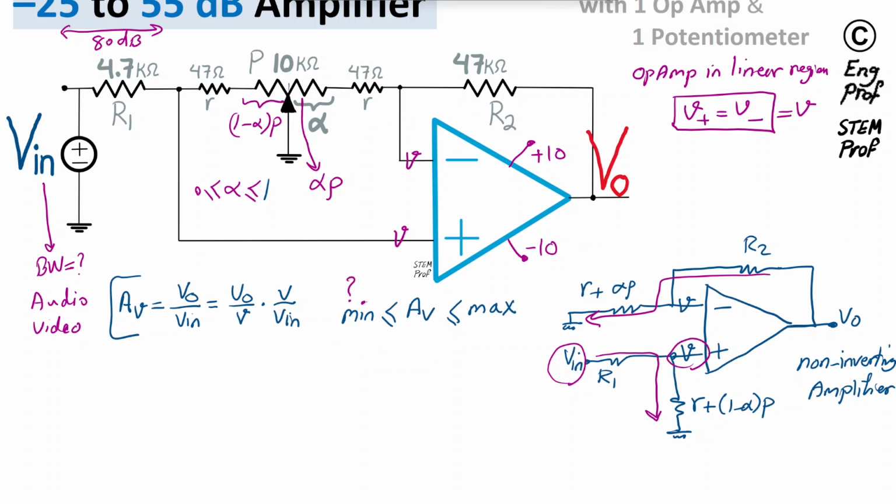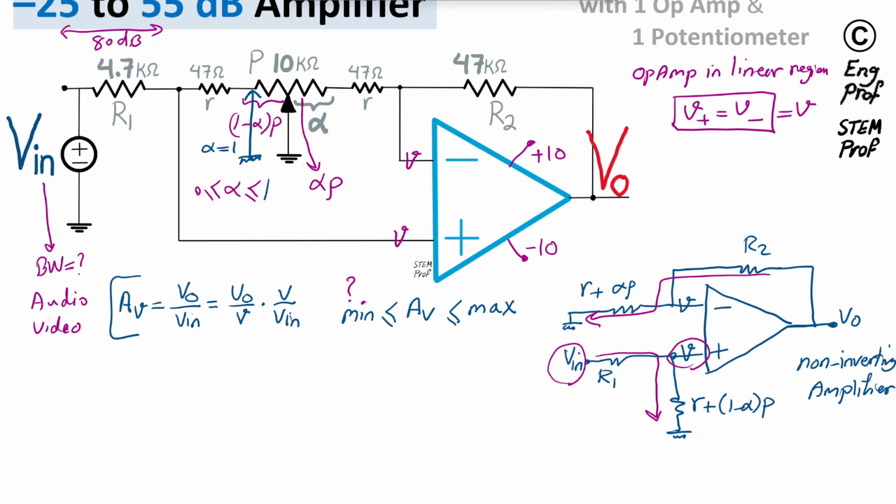If we move the head of the wiper of the potentiometer to this beginning terminal of the potentiometer here, that would mean alpha is 1, given that alpha is on this side. So here is alpha equal to 1.